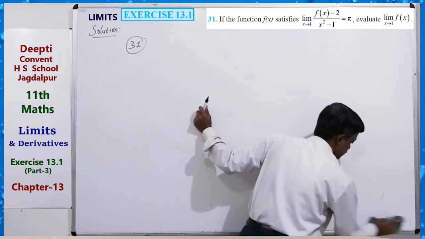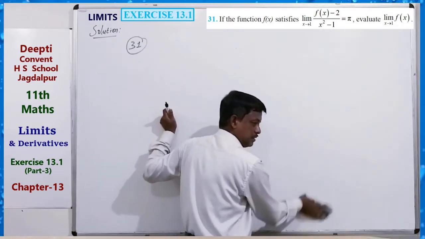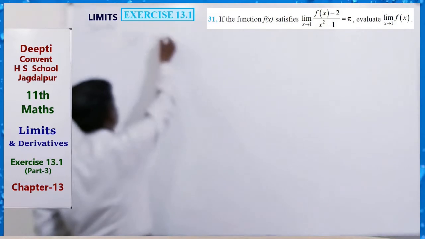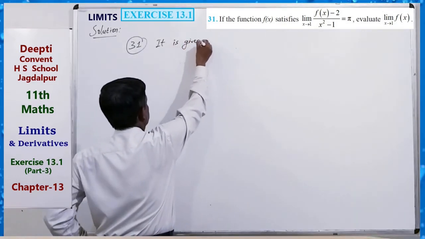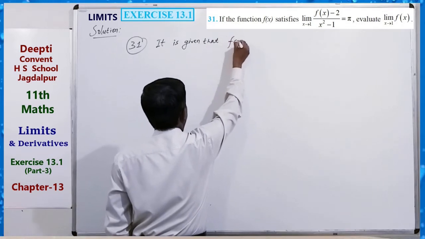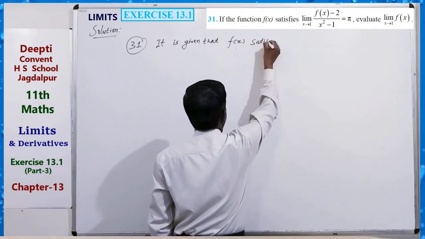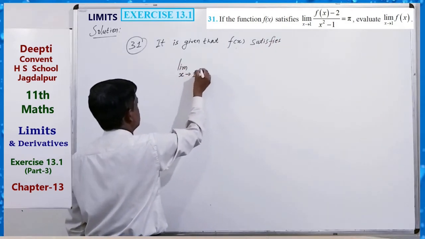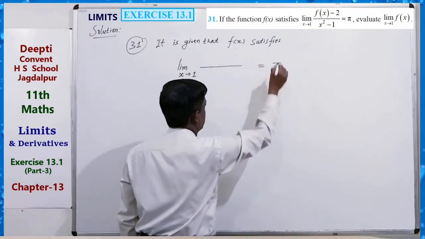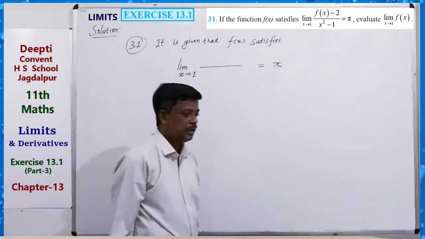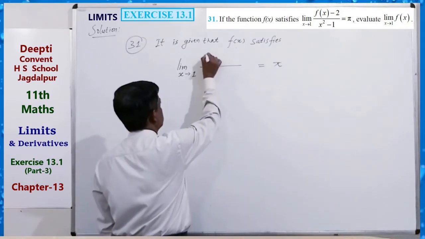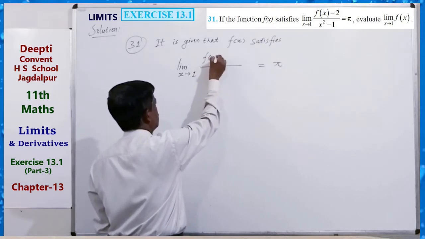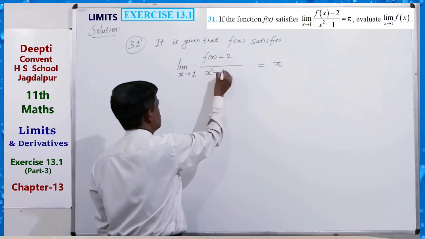Here, if a function satisfies what? It is given that f(x) satisfies limit x tending to 1 of f(x) minus 2 over x square minus 1 equals pi.